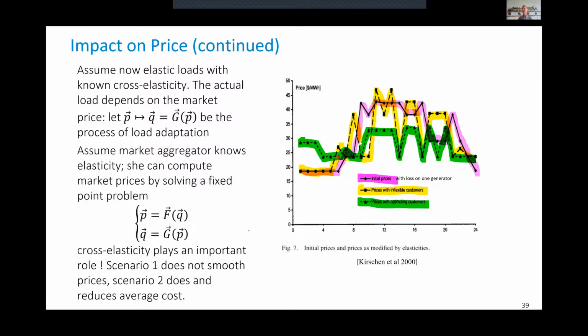Of course, if we have users that are very able to optimize and really take long differences in time, this will not happen. They're able to move all the loads to the periods of the day that may be very far away, so early morning for something that you were planning to do in the afternoon, then this problem will not occur. So take home message, scenario one does not smooth prices.